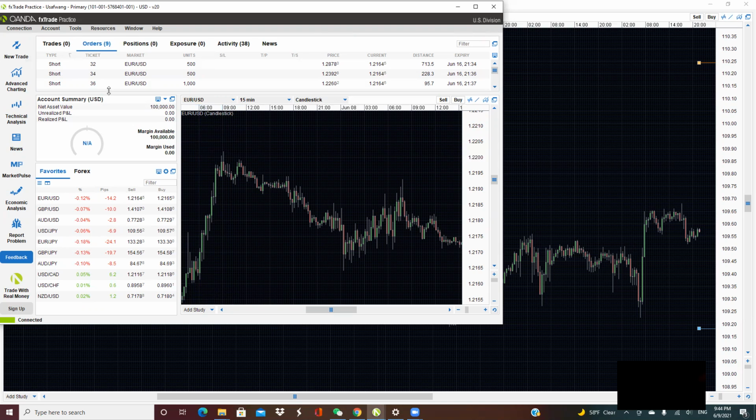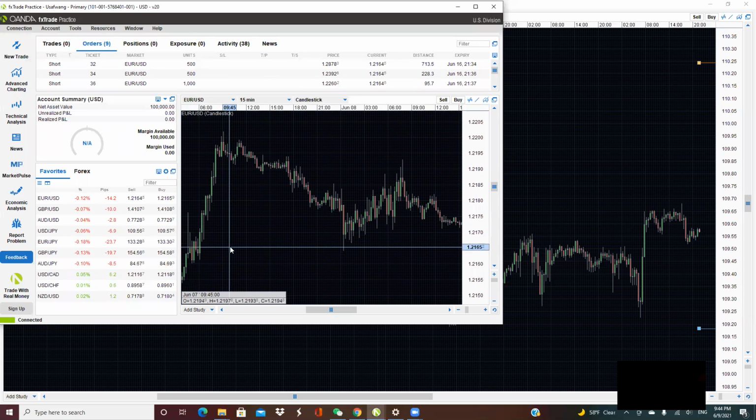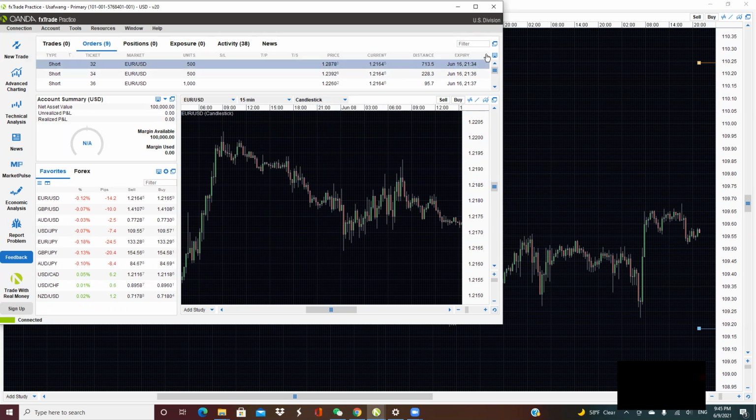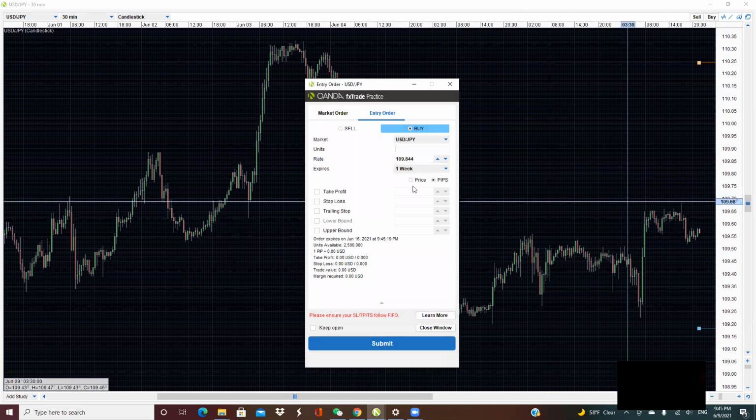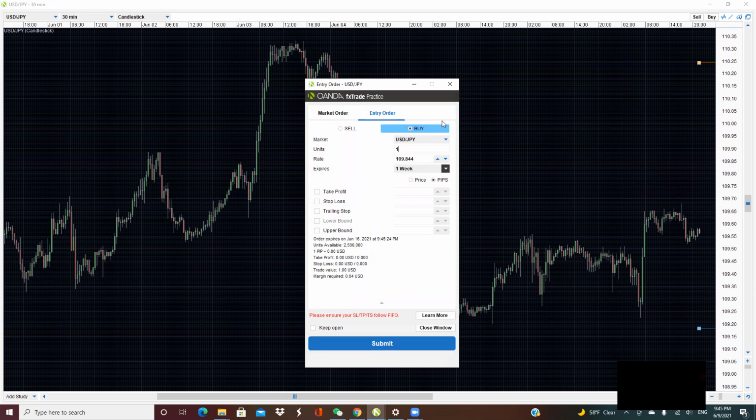So I would encourage you to use the practice account to get familiar with this trading platform, and definitely deposit at least $50 and learn about the feel of how the money goes, like the position. Every time you open a position, so let's say here we'll do the buy, you can look right here at margin required.